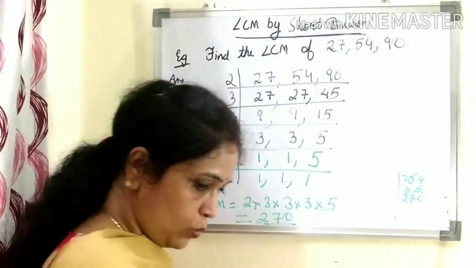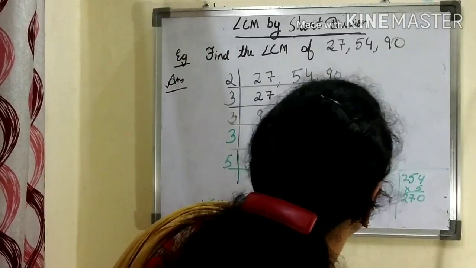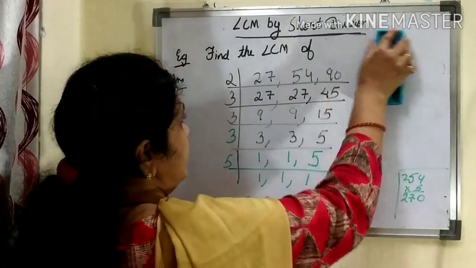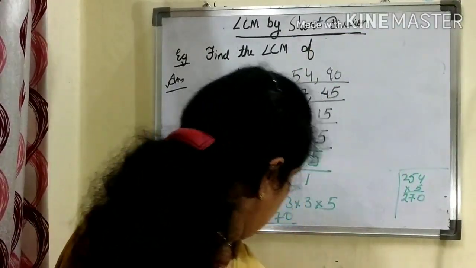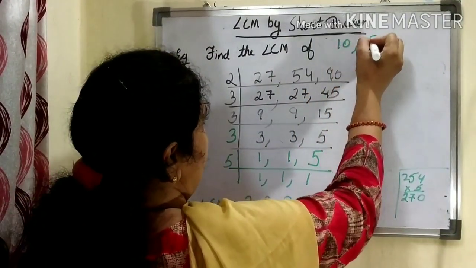Any other example you want? Shall I solve? Now if I have to find the LCM of 10, 15 and 18. Another number I am showing. LCM of 10, 15 and 18.